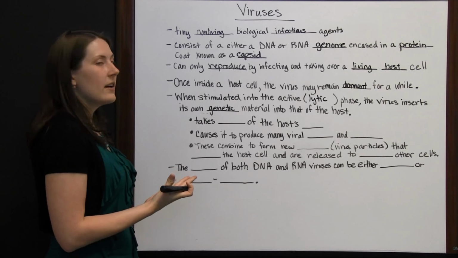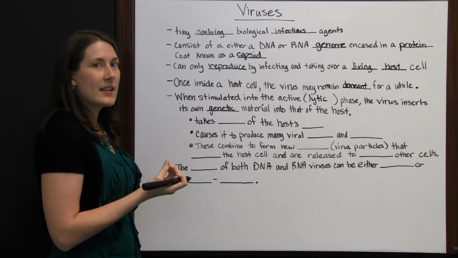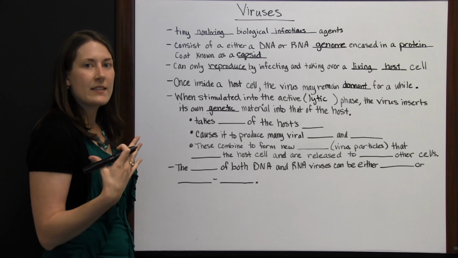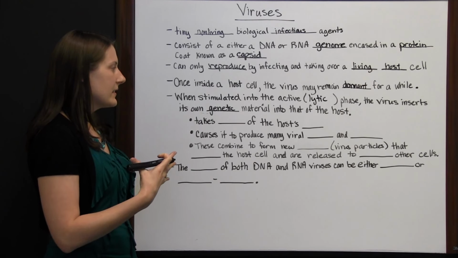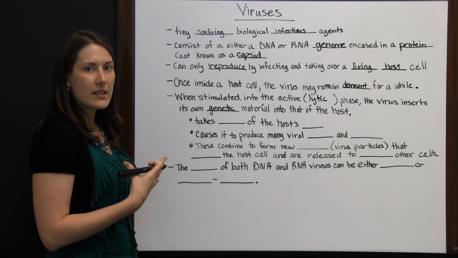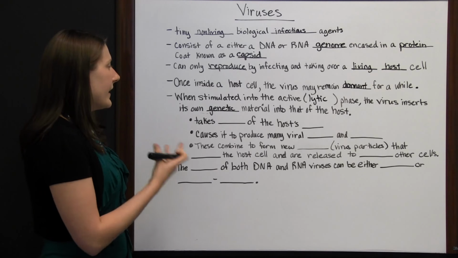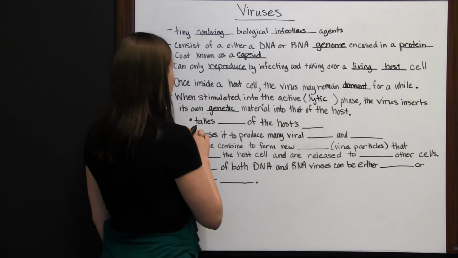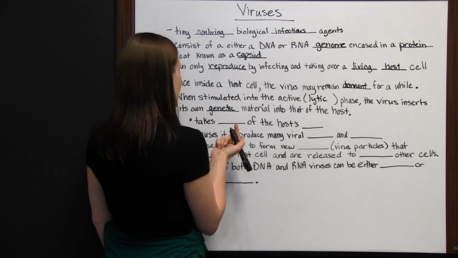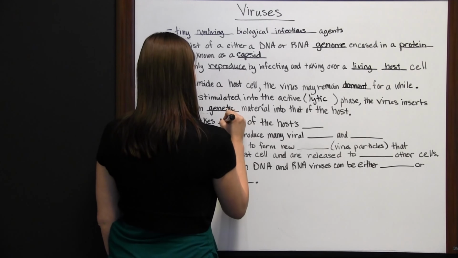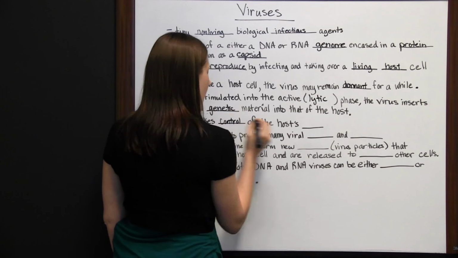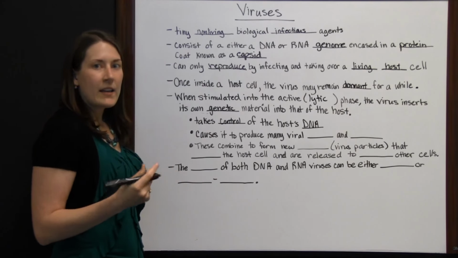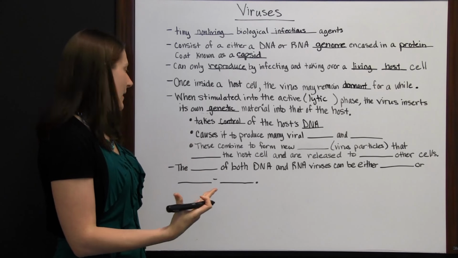So the host cell is unaware of this, and the viral DNA or RNA that is mixed in with the host DNA or RNA, it doesn't recognize that right away. So the virus is able to take control of the host's DNA by mixing with it and then taking over it.